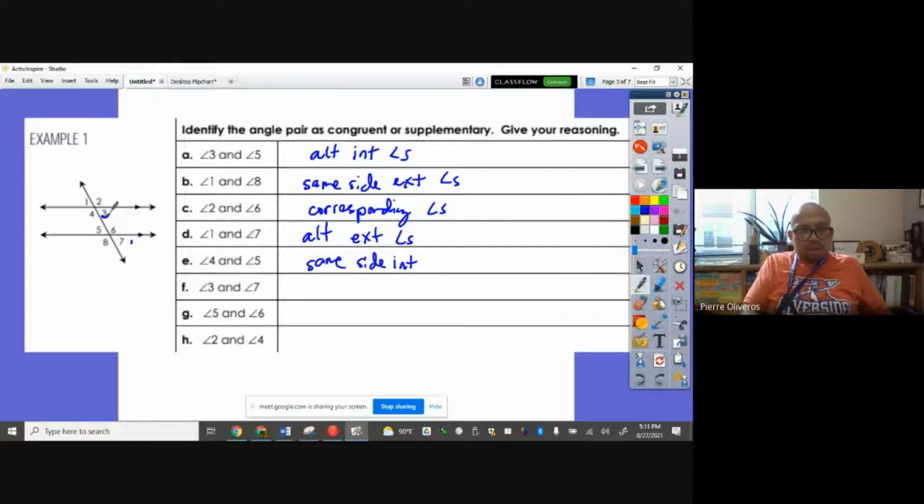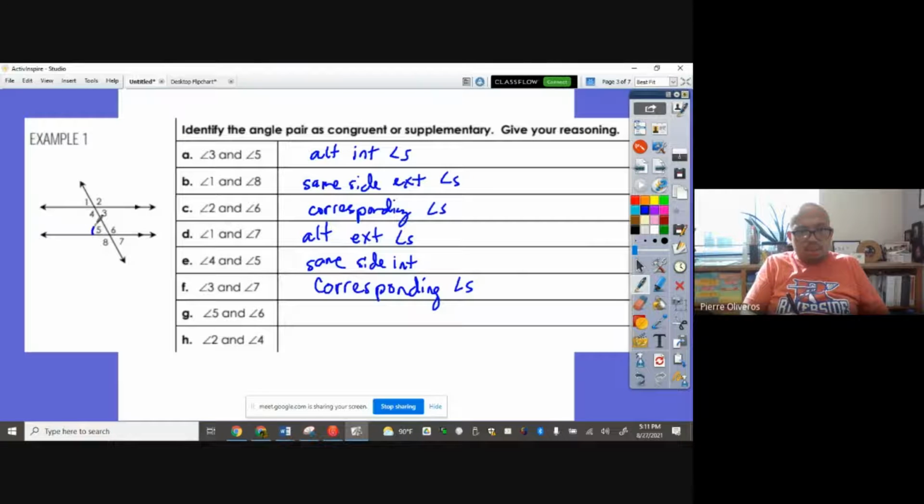Where's 3? 3 is right here. 7 is there. Both of them are in the lower right of the angle, so they are going to be corresponding. That's an ugly corresponding. Let's fix it. Corresponding. There you go. Angles.